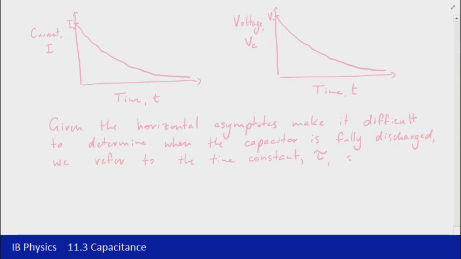So the time constant is the time taken, or the time for the capacitor to discharge by 63%.